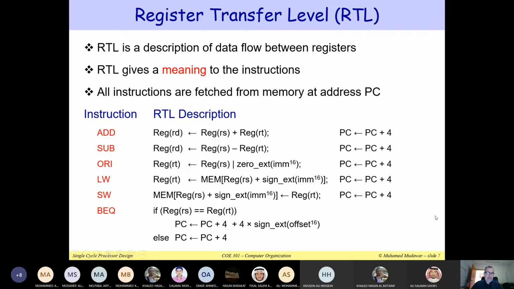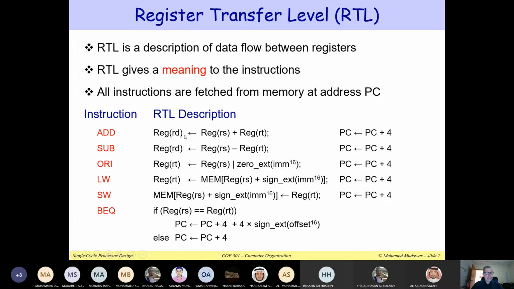When you have an add instruction, what the CPU is going to do is read the values of two registers RS and RT, and add them. So the ALU is going to add them, and then the result is written into register RD. So the result of this computation will be stored in destination register RD.